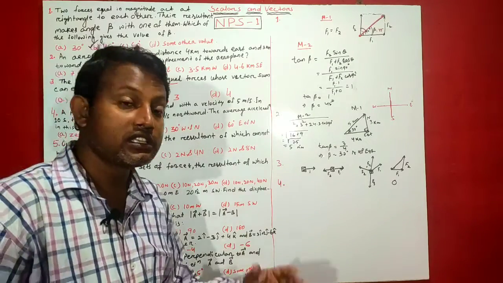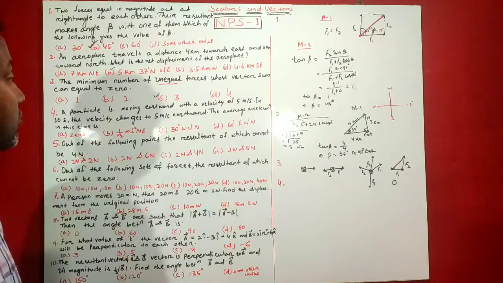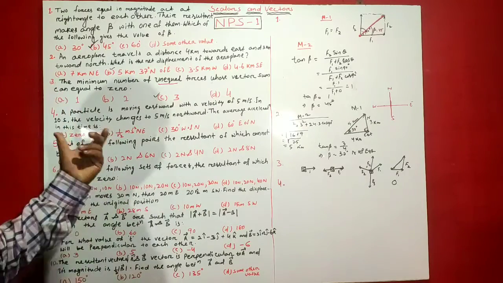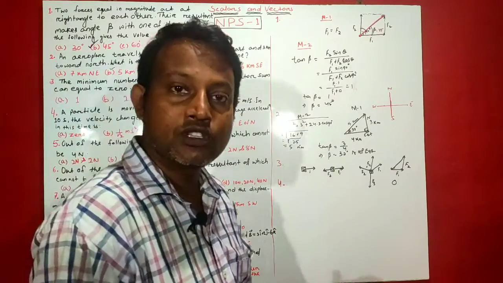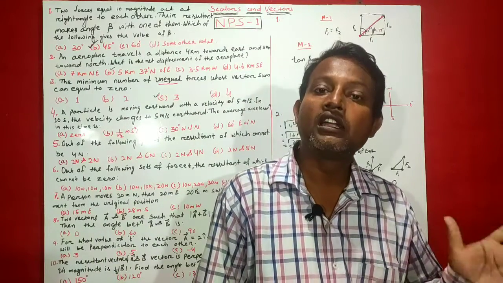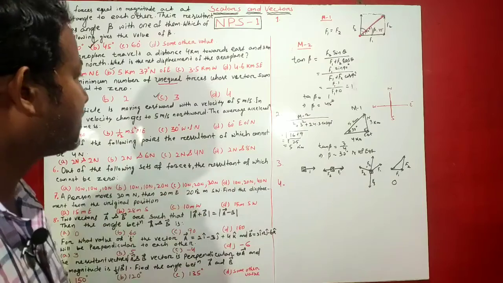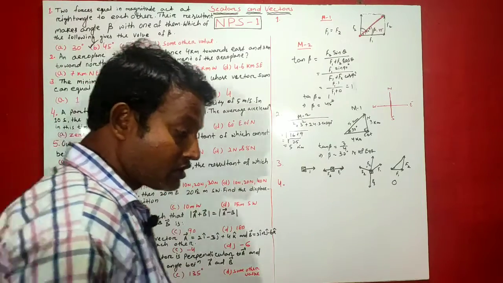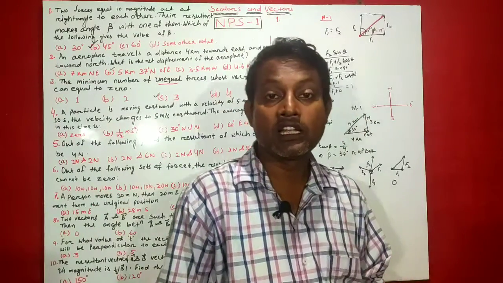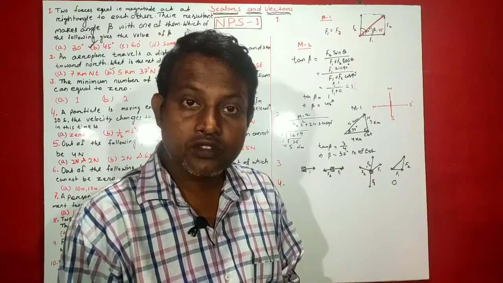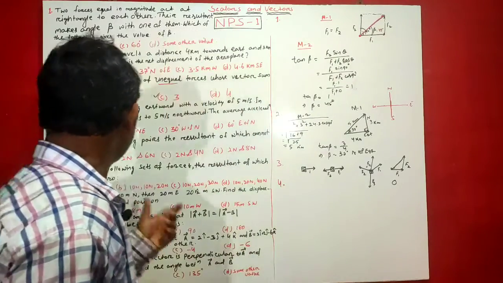So guys, the magnitude of the eastward velocity and the northward velocity is the same, but the velocity will change because there is a change in direction. Due to the change of velocity, acceleration will be there. So what is the average acceleration?